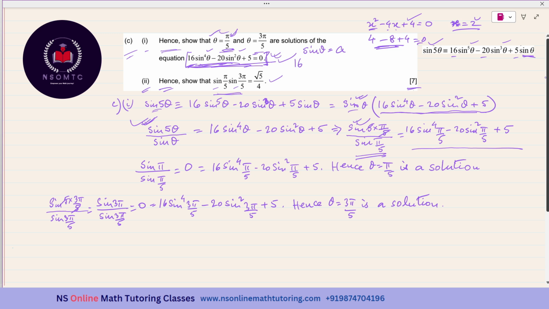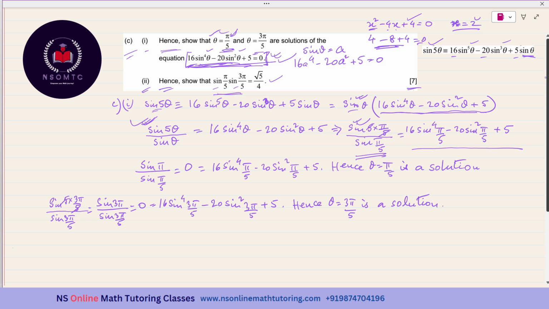I'm writing 16a to the power of 4 minus 20a square plus 5 equal to 0. It is a polynomial equation of degree 4, but if I take degree 4, then I should be getting 4 roots. But over here, I know only the 2 roots. I do not know the other 2 roots. So I cannot take it as degree 4. I have to convert it to degree 2.